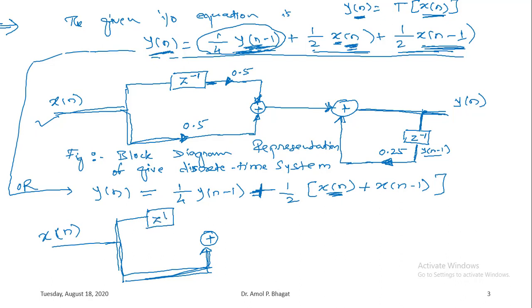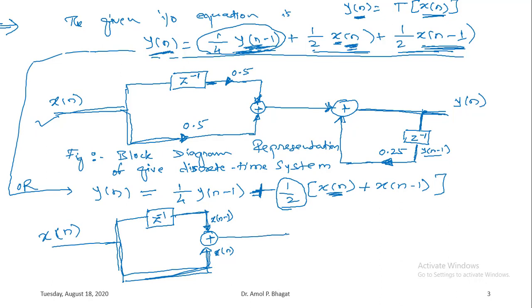So I will take one delay element, z inverse, and add it with x of n. Here the input is x of n minus 1 and here it is x of n. So here the addition x of n plus x of n minus 1 is there, but I have to multiply the resulting addition with the constant 1 by 2.